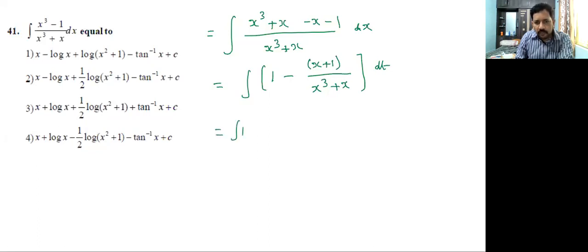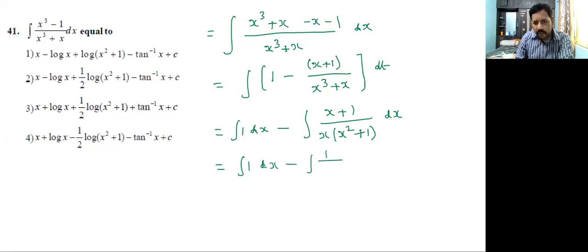Next, integral of 1 dx minus the integral of x plus 1 by, in the denominator, take x common, so you get x square plus 1 dx. Again split this: integral of 1 dx minus, x cancels, you get 1 by x square plus 1 dx.